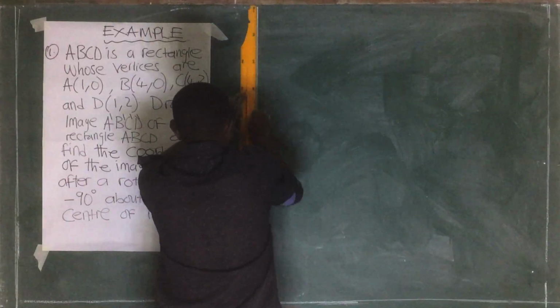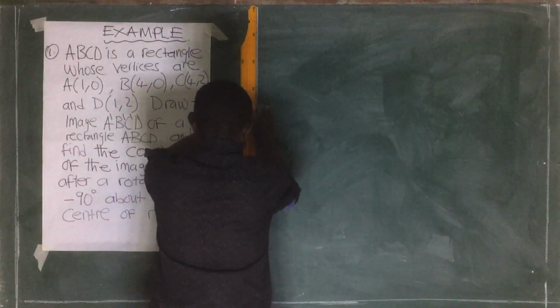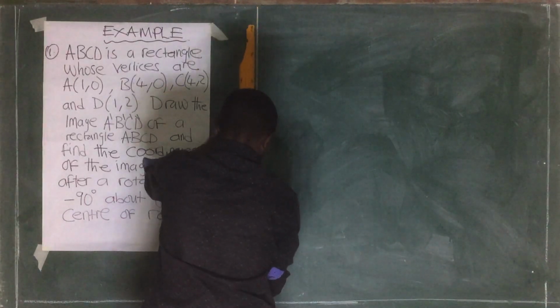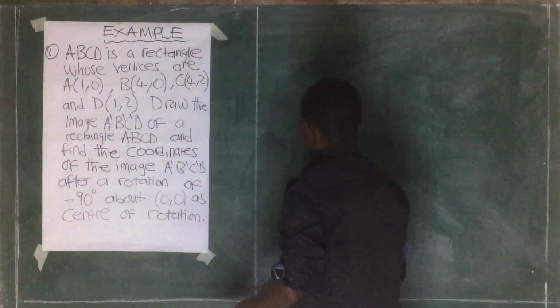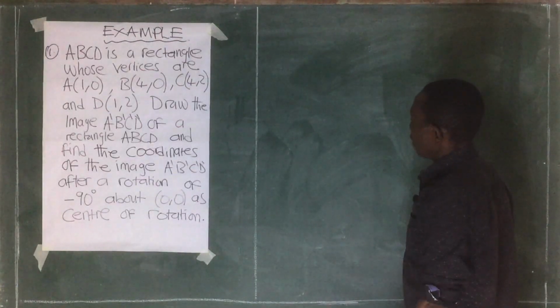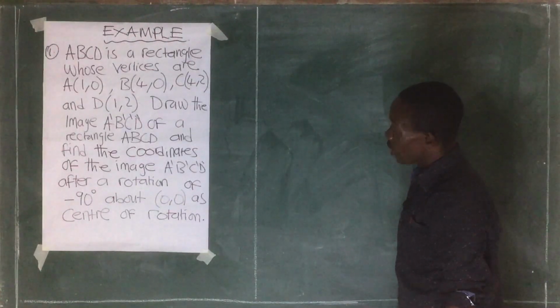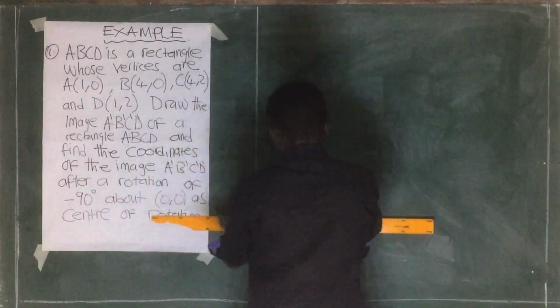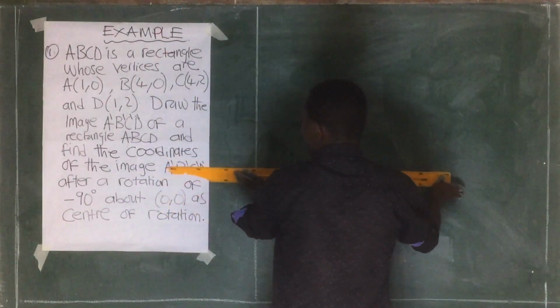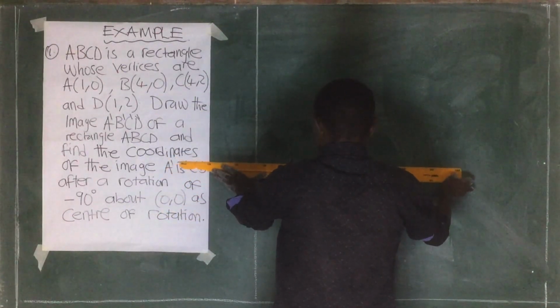So I have this one as my y axis. I may not be accurate because the board here does not have all those lines as in the Cartesian plane. I may not be exact to scale, but the skills are what we need here.